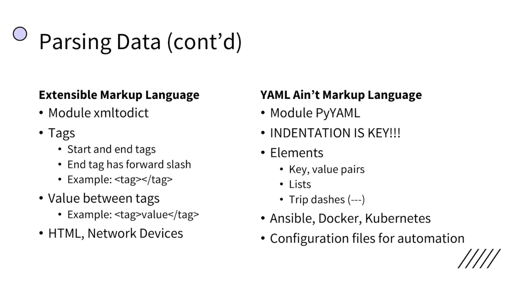Using something like XML, where I've got start and end tags, I can convert it to a Python dictionary, and then I can work with it just like I would any other dictionary.